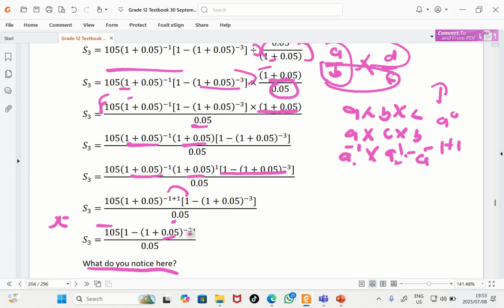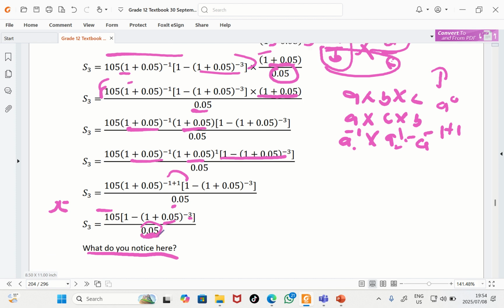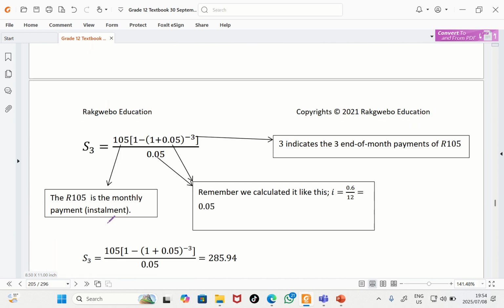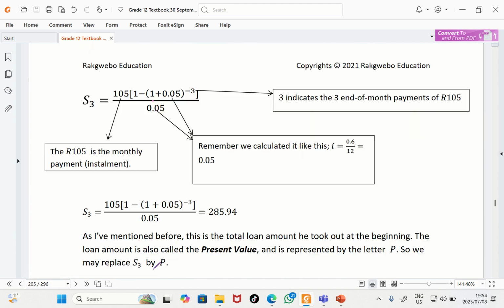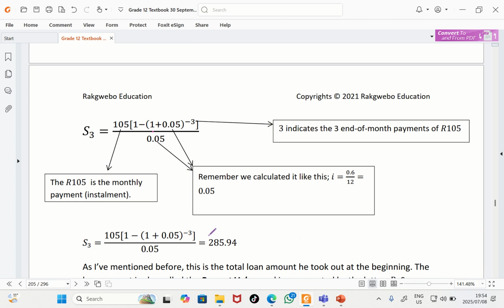And then this 3 is the number of terms. You guys remember that we had the 3 payments, and then what we have in our denominator is our i. It's a percentage as well. So that's exactly what I explained there. And then when you punch this, you get the same answers.